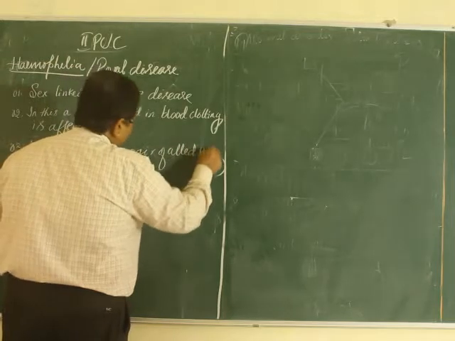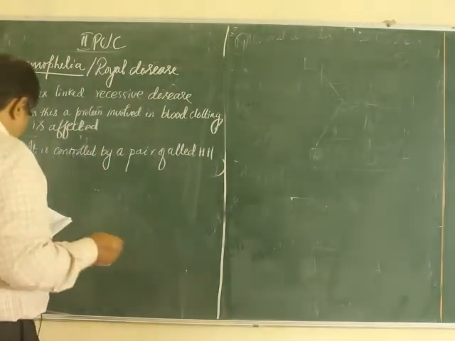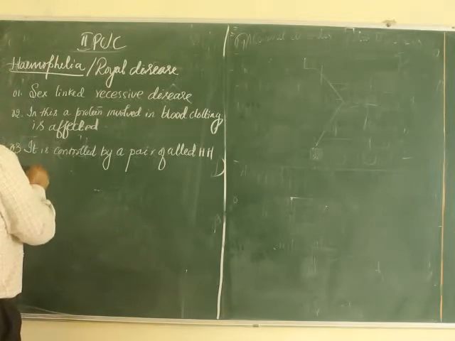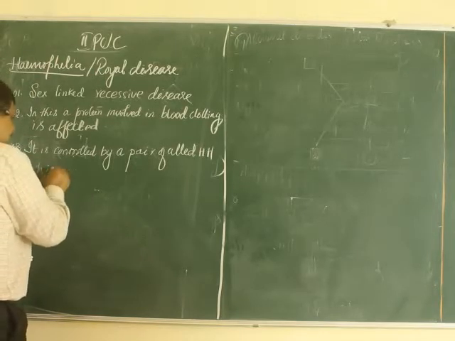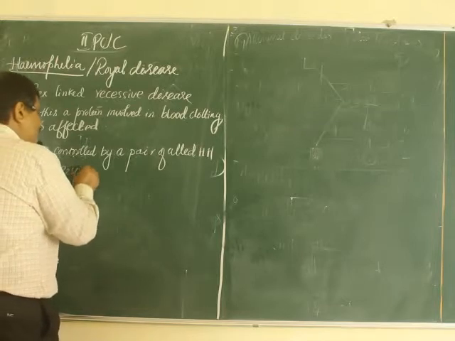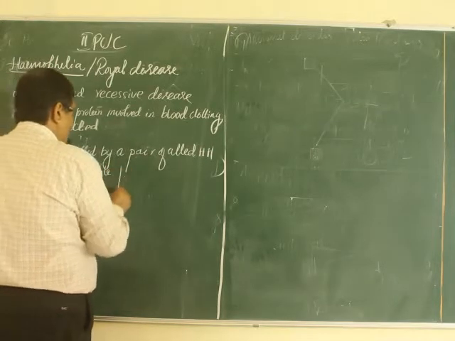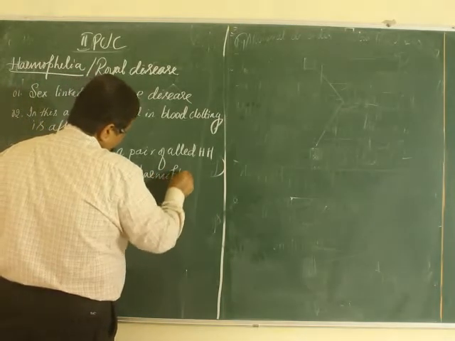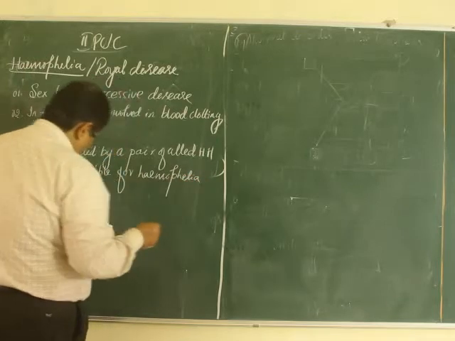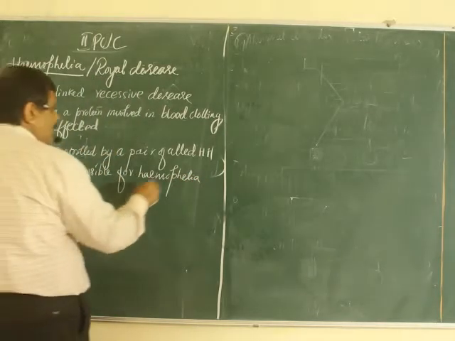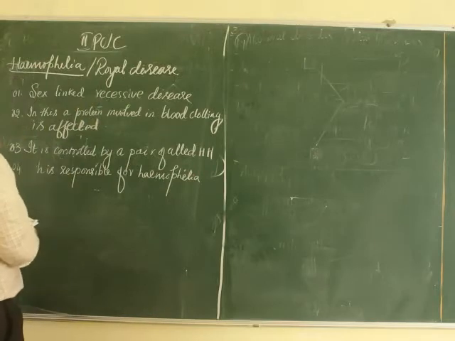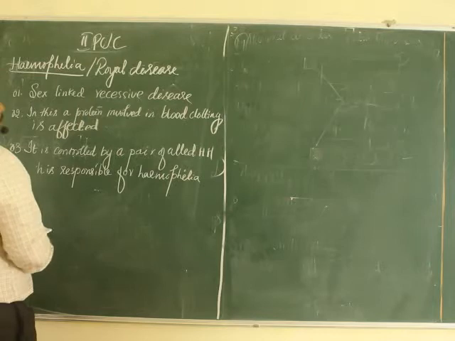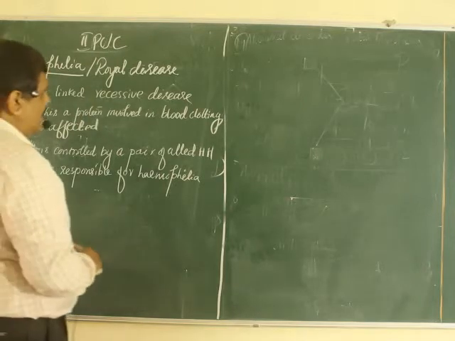Capital H is the normal allele, whereas small h is responsible for hemophilia. So let us see how it works.